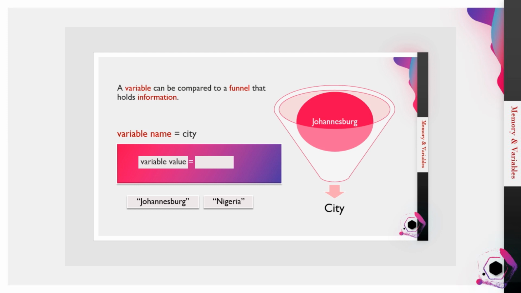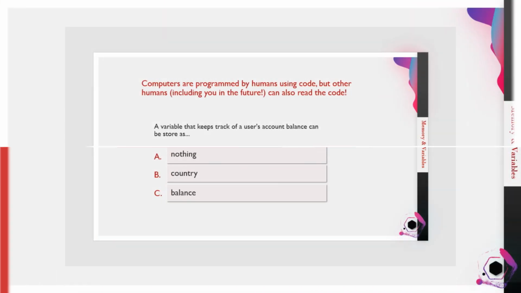Where you put makeup, items, your shoes, when you are going outside. That's a variable. It contains items or values in your bag. So those things we are storing, we call them data or value. So for example, variable name is equal to city and we have the variable value.